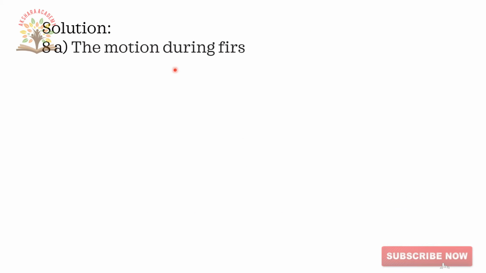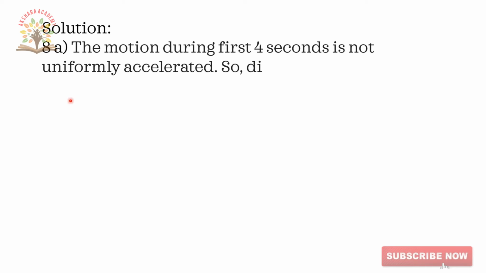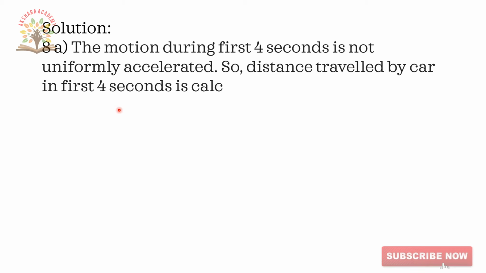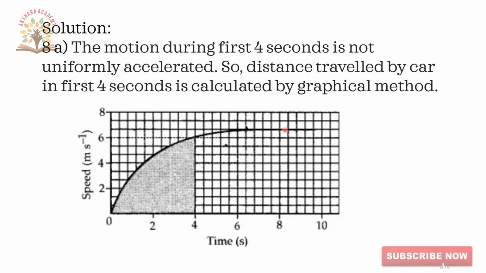The motion during first 4 seconds is not uniformly accelerated. So, distance travelled by the car in first 4 seconds is calculated by the graphical method. We are calculating. See, this is the shaded part. Shaded part is the complete distance travelled in first 4 seconds.